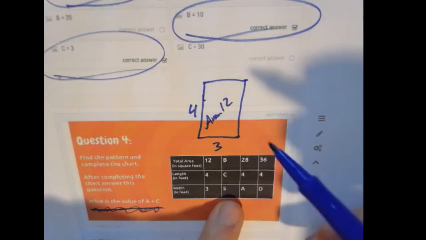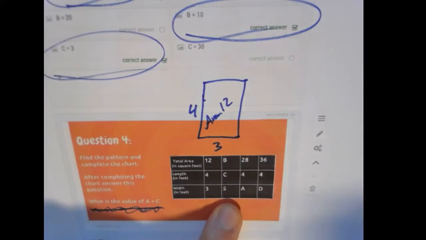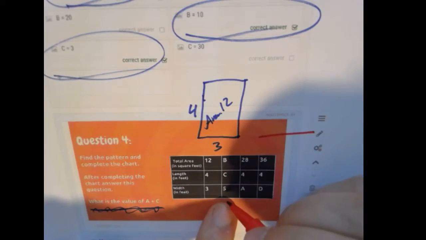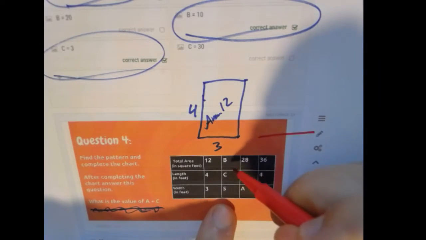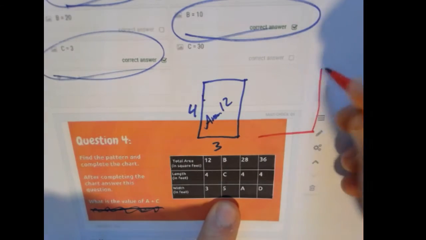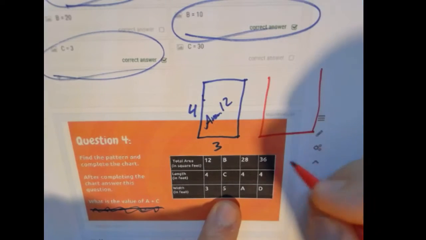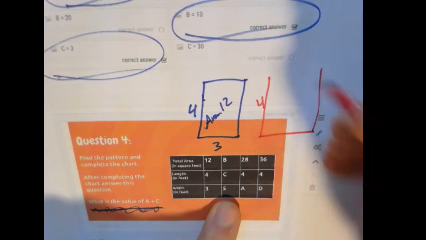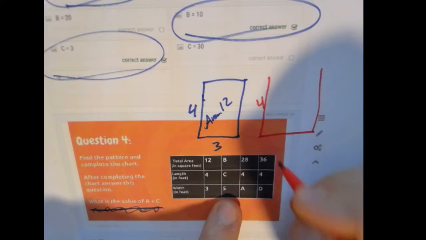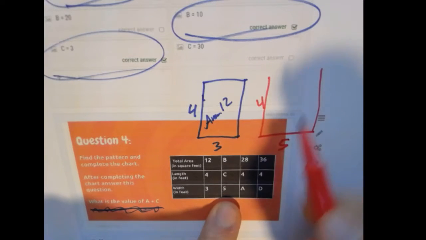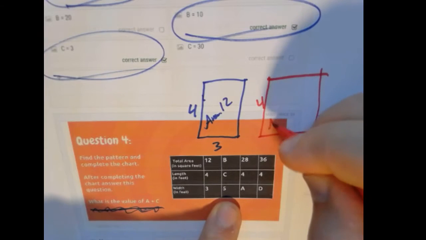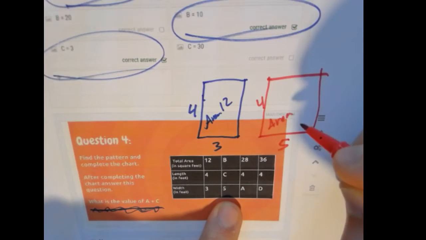Okay, that's this first one. This next one is 5 times blank equals B. I'll follow the assumption that we also have a height of 4, since if we follow the pattern, all of the lengths in this case are 4. So 5 times 4 would give us an area of 20.